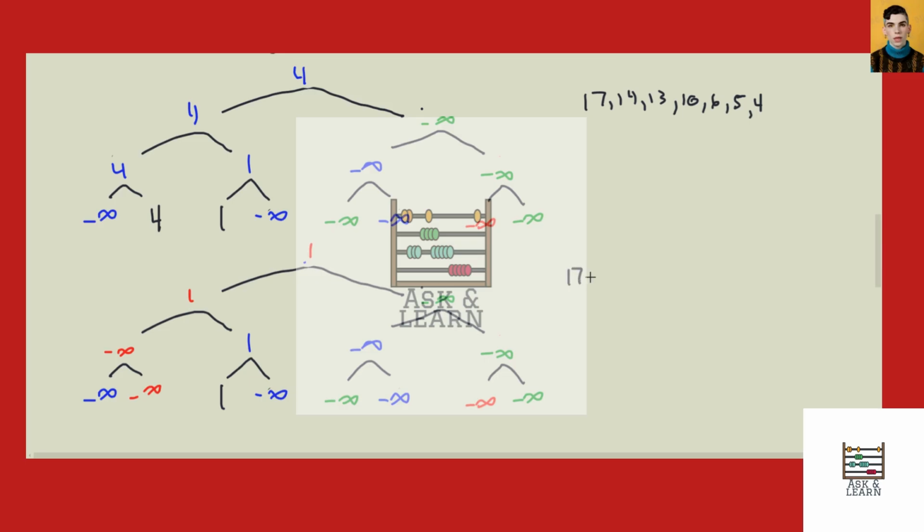So that would list 17, 14, 13, 10, 6, 5, and 4, then lastly, 1. Now notice if we were to replace all of these with negative infinity, our whole chart would just be negative infinity. So we could stop here since we have it sorted from greatest to smallest.